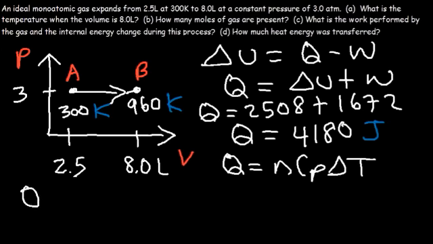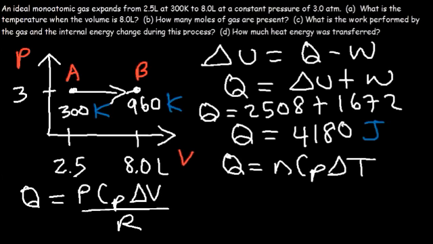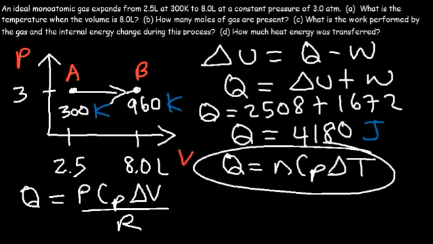It's Q is equal to P times Cp delta V divided by R. By the way, this equation only applies to processes dealing with constant pressure, that is isobaric processes. And this equation also applies to isobaric processes. So if you have that chart that I gave you earlier, it might be good to expand that chart and add these equations to the isobaric row. I couldn't fit all of the equations that I had on the screen, so I'm going over it now.